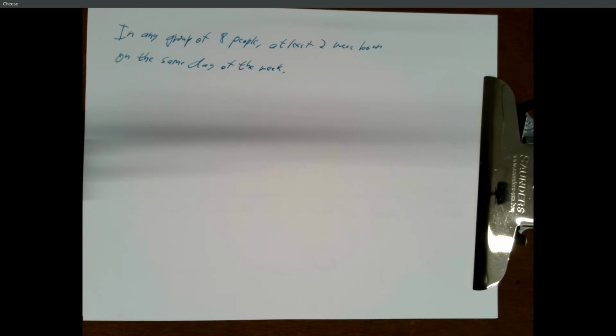Put each person in a container based on when they were born. And the pigeonhole principle says 8 people in 7 containers, at least one container has 2 or more people. And since those 2 people are in the same container, they must have been born on the same day of the week. And it could be all 8 were born on the same day and they all went in one container. That still proves our conclusion, right? At least 2 people were born on the same day.